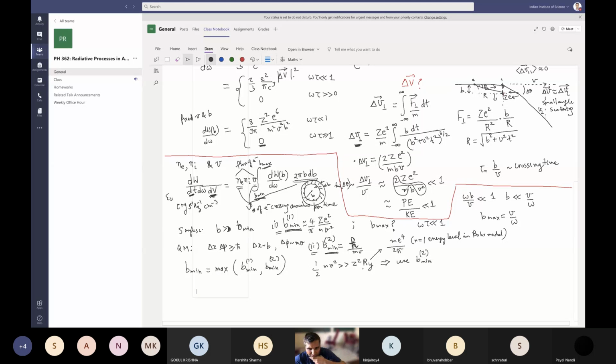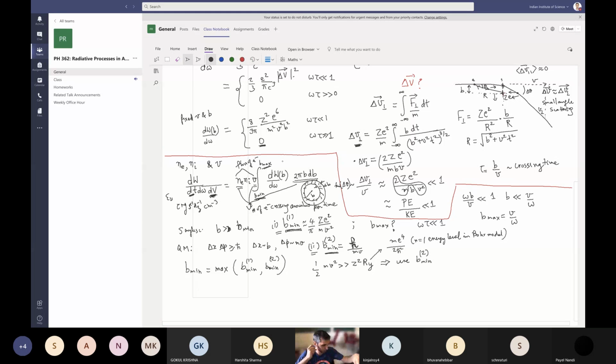So for fast moving electrons, you should use the quantum mechanical cutoff for this integral. But anyway, when I expand this out, you will see that this integral is not very sensitive to either B min or B max, and that's a good thing.